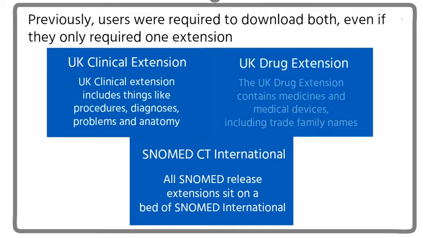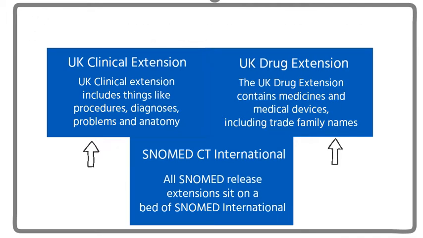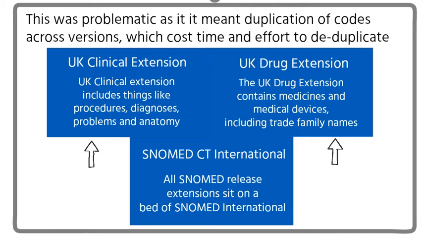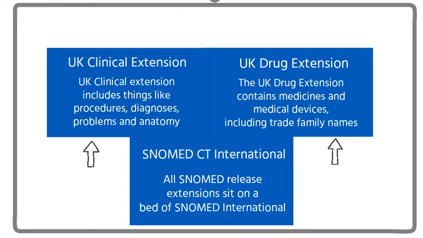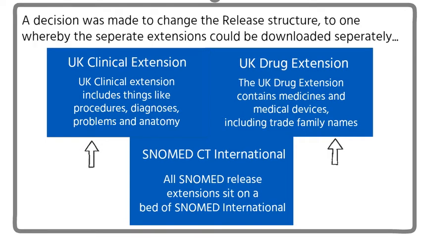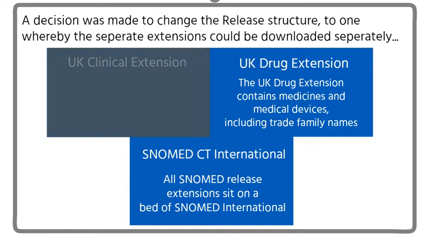Previously, users were required to download both, even if they only required one extension. This was problematic as it meant duplication of codes across versions, which cost time and effort to deduplicate. A decision was made to change the release structure to one whereby the separate extensions could be downloaded separately.